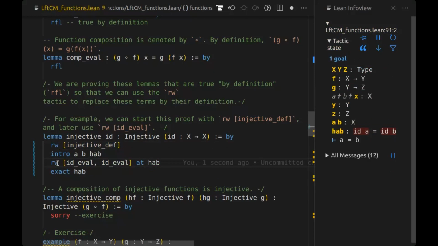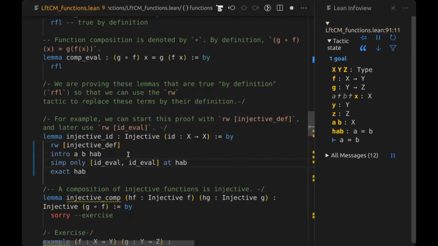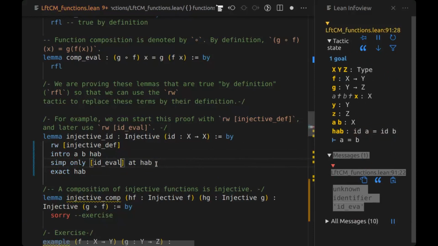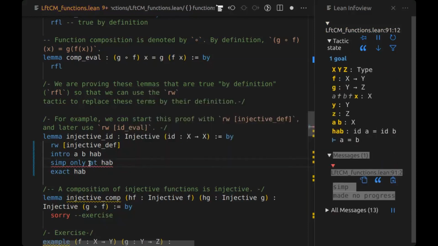Okay, so yeah. I think yesterday something similar was done using simp only and then the name of the definition. Yeah, we could also try that here. So we could do simp only id_eval, and then I only need to write it once. But you still need this additional lemma, yes. Oh, so you mean just try simp only here?